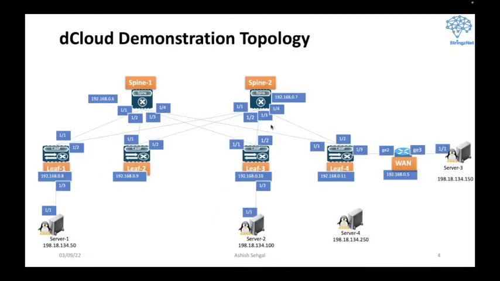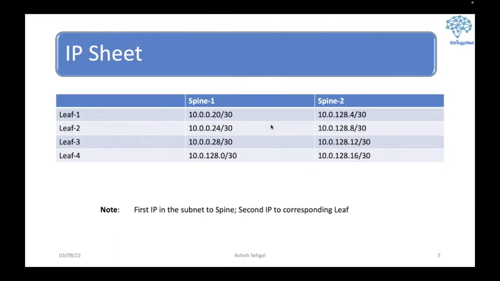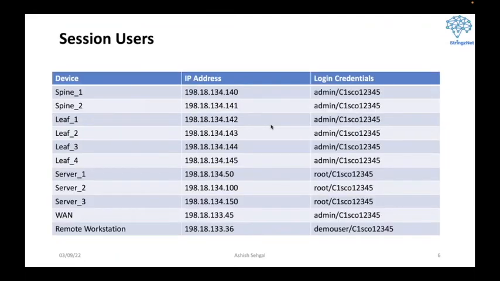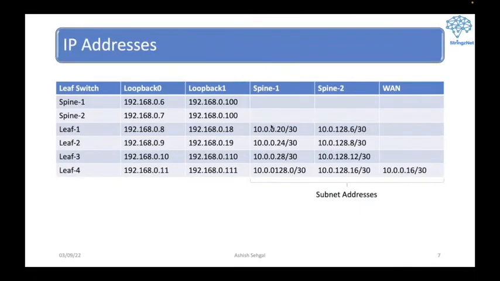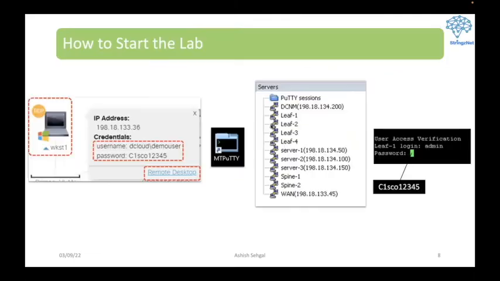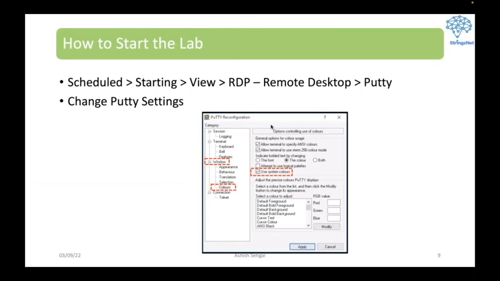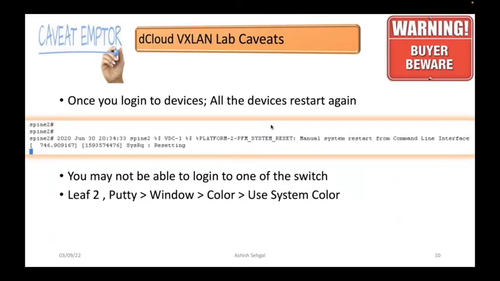It is my holistic responsibility to present you the physical connectivity, the complete IP addressing, IP sheet, the login credentials of each and every device, the management IP addresses, the loopback 0 IP addresses, loopback 1 IP addresses of all the devices, because apparently we will be using all these addresses, the steps to be followed in order to get into the lab, the passwords, in case you need to do some putty modifications, etc., and certain caveats.